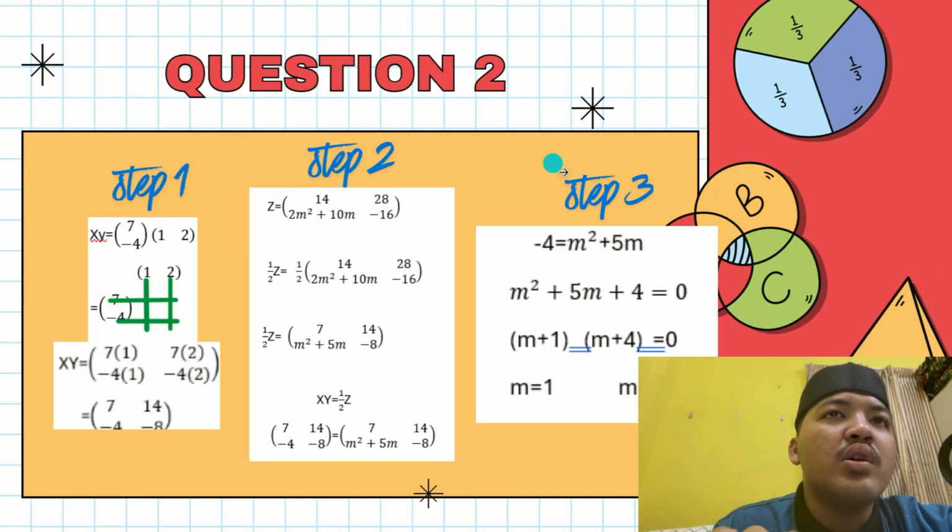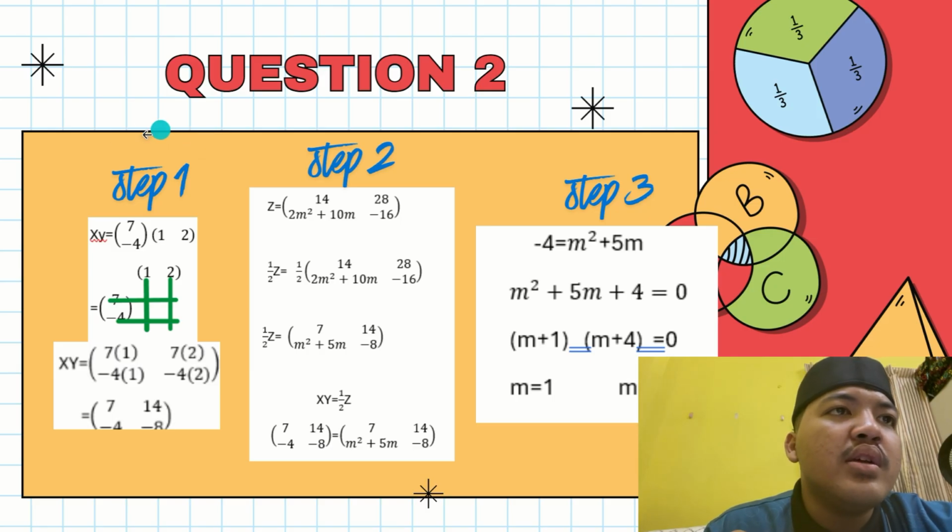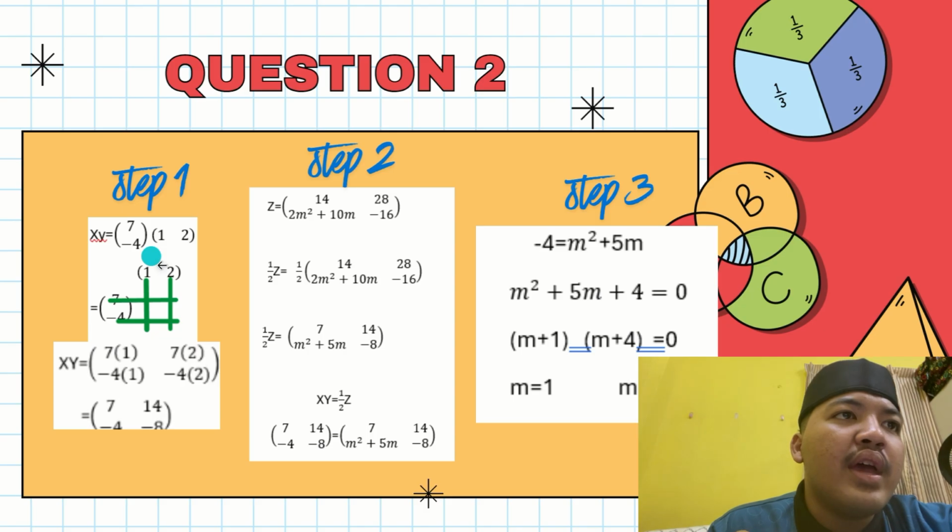So we move to the question. How to solve it? Firstly, step 1. First, we calculate XY by multiplying 7, -4, and 1 and 2. Matrix X contains 7 and -4, and matrix Y contains 1 and 2.